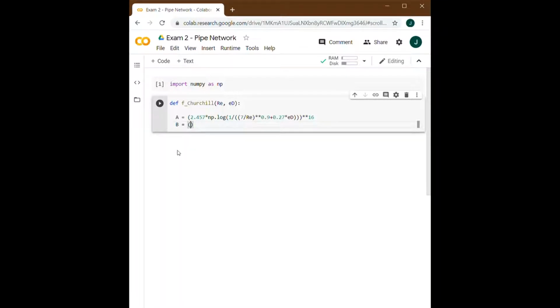So our B function is going to be 37,530 divided by our calculated Reynolds number.